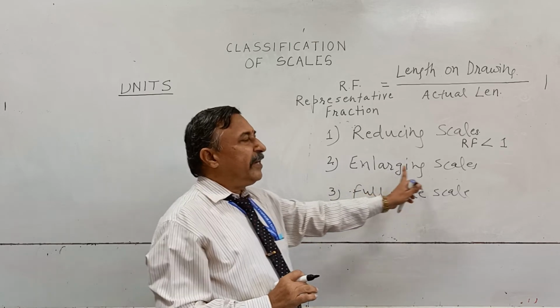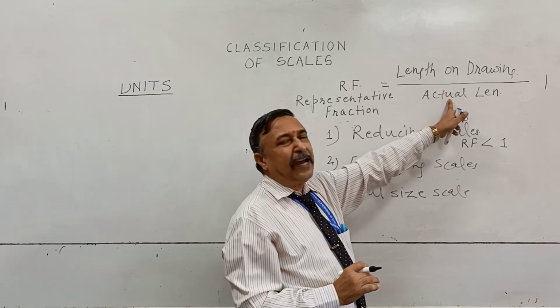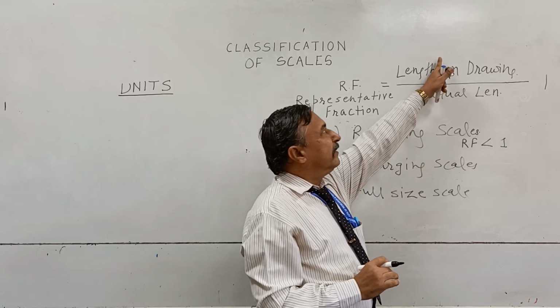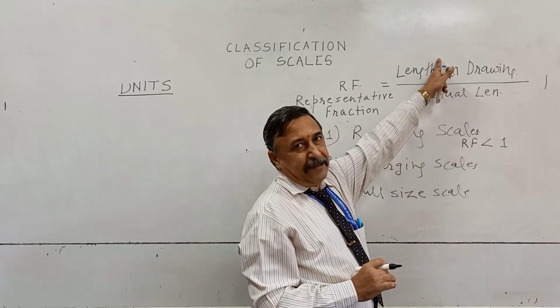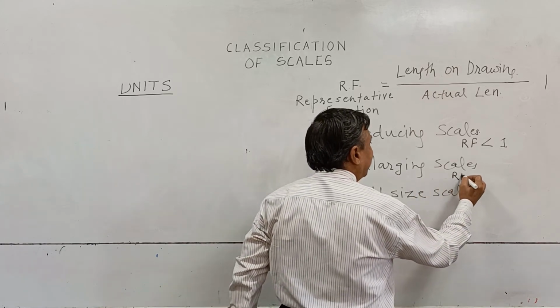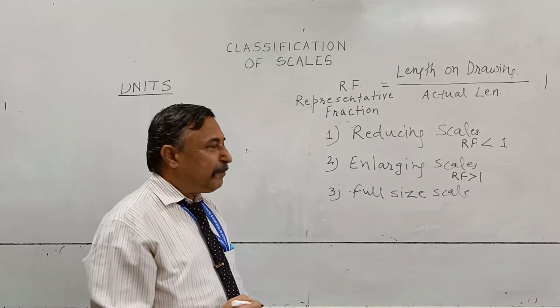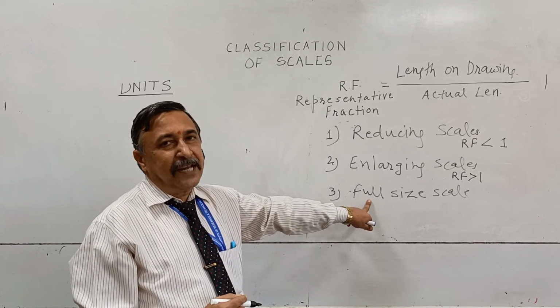Now think about enlarging scale. In an enlarging scale, the objects are small and the length on drawing is greater, which means the RF is always greater than 1. Now what is the RF of full size scale?